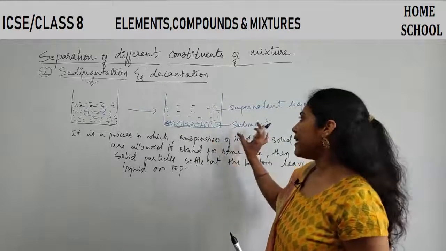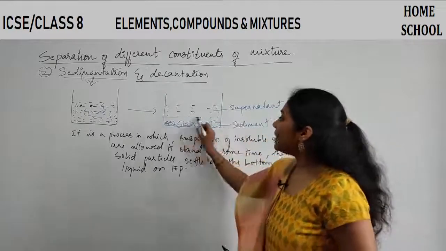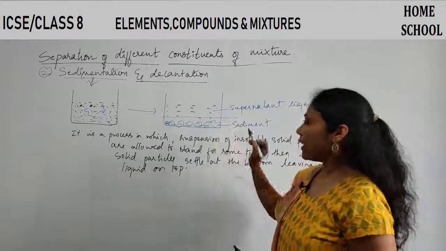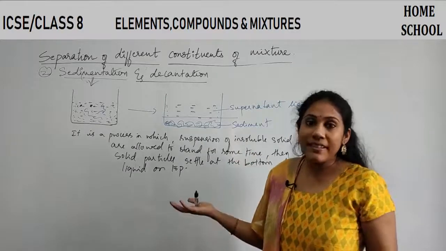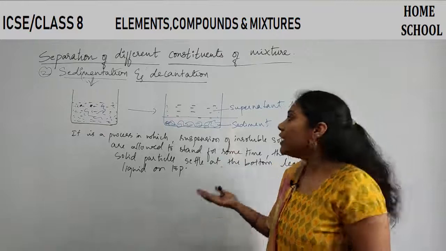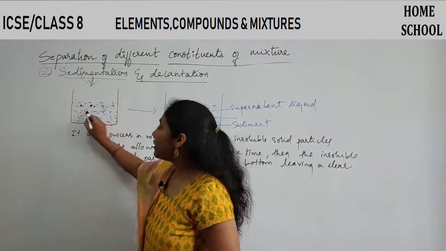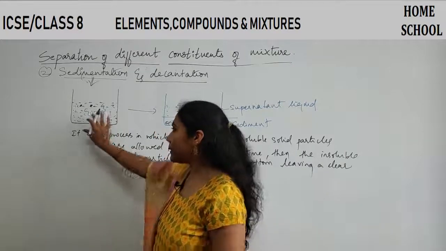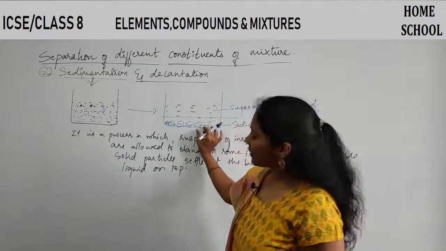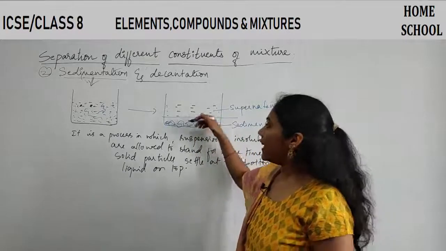So once the sedimentation is over, next we have to separate this supernatant liquid from the sediment. Then we get the different components separated. Our main aim is whatever sand, dirt, mud is there in this water, we have to separate. So we kept it for some time, everything came down and settled, that we call sediment, and the pure water we have to separate.